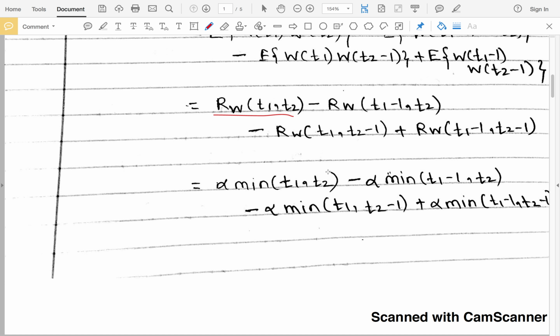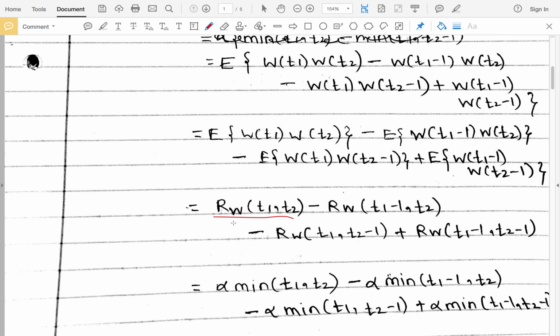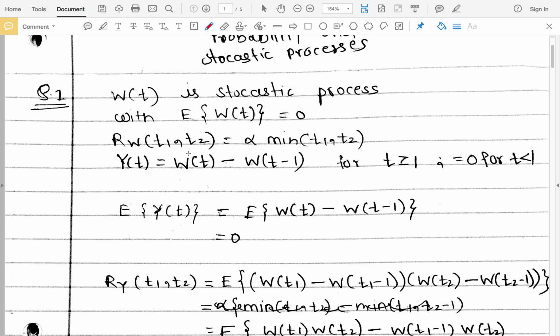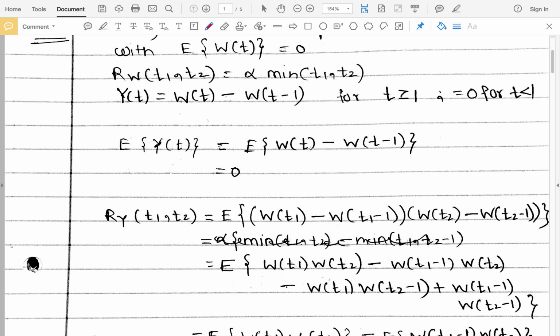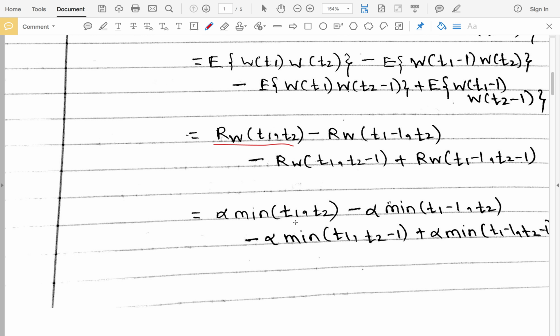Similarly for all. This is the autocorrelation function of W, which is given as alpha times the minimum of t1 and t2. So expanding this, alpha minimum of t1, t2, alpha minimum where t1 is t1 minus 1 and t2, minus alpha minimum where t1 is t1 and t2 is t2 minus 1, and alpha minimum where t1 is t1 minus 1 and t2 is t2 minus 1.